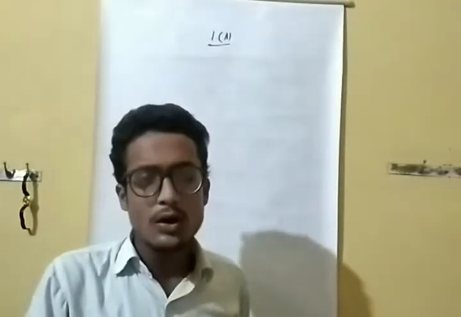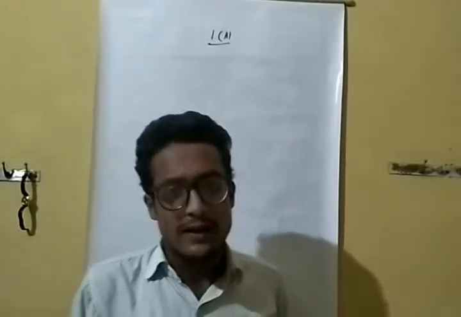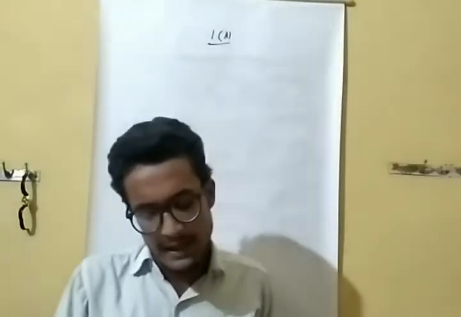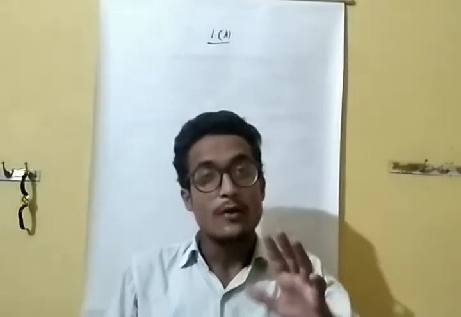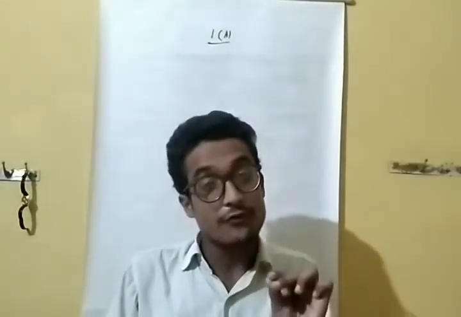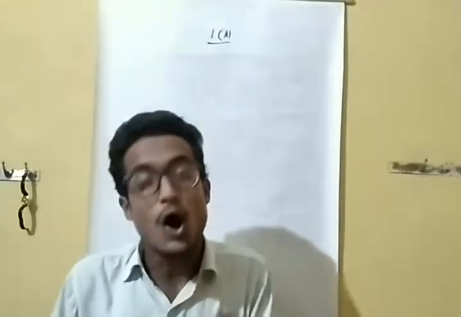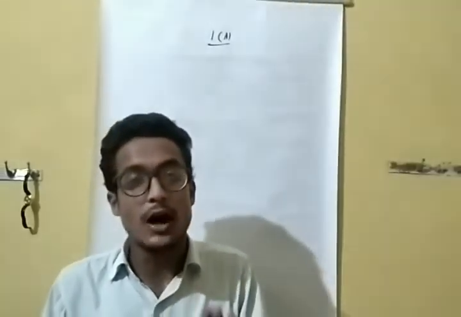Now we should come to question number 4. Question number 4 is: write the difference of the place values of the odd digits in each of the following.